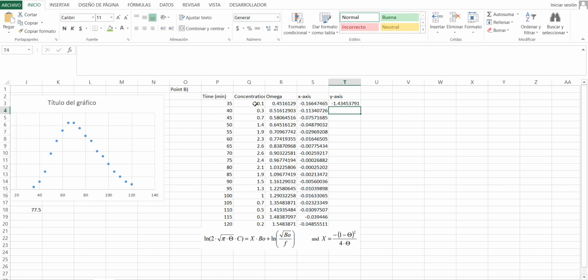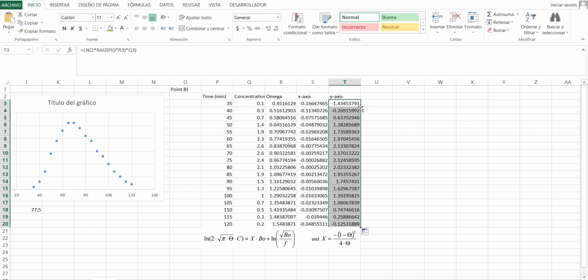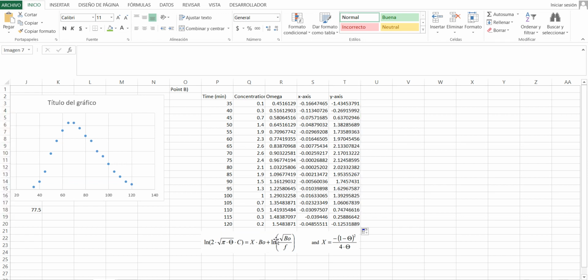That would be the y-axis. Let's check that everything is correct. It appears so. Right now we are ready to plot our linear regression.